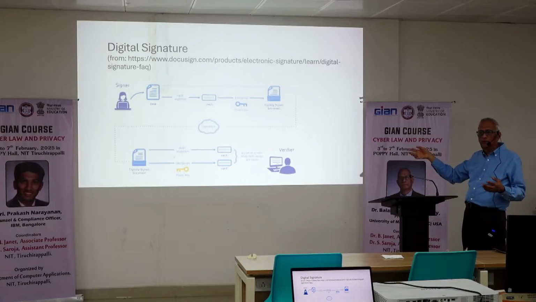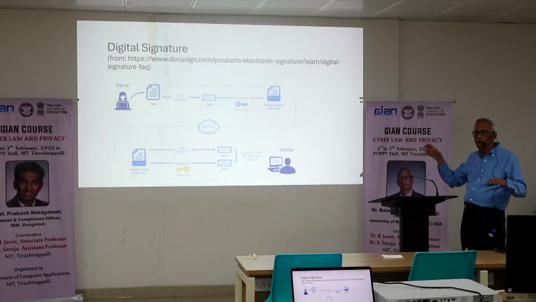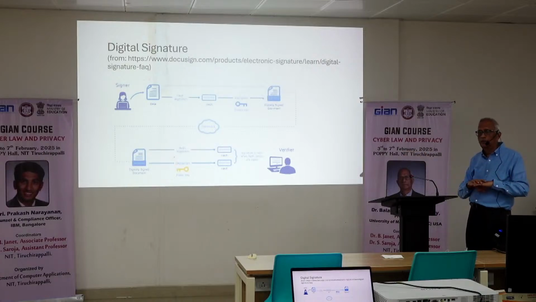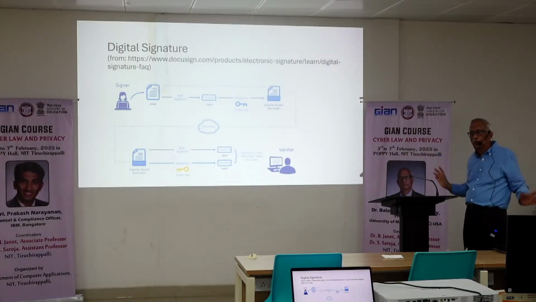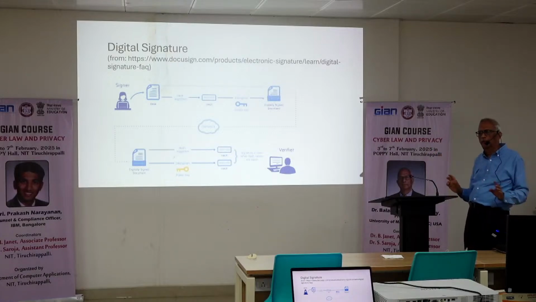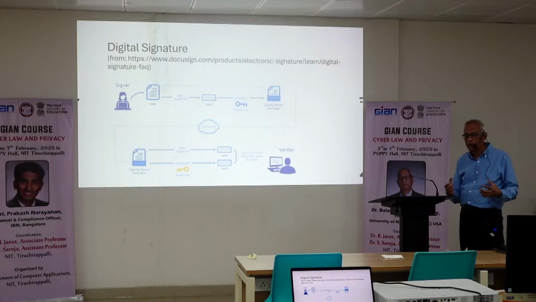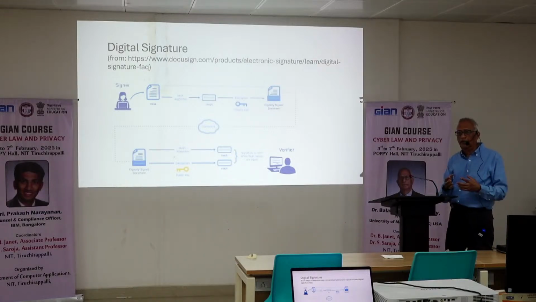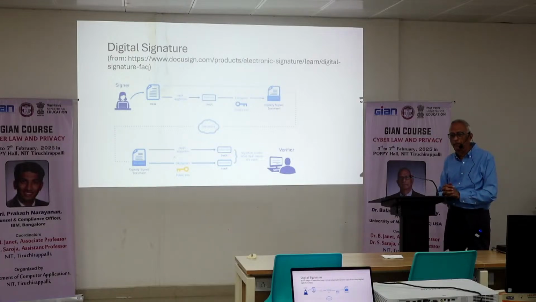In order to have this concept of digital signature, which is, by the way, allowed in most of the world, it requires a public key infrastructure. And the public key infrastructure will have what's known as a certification authority.